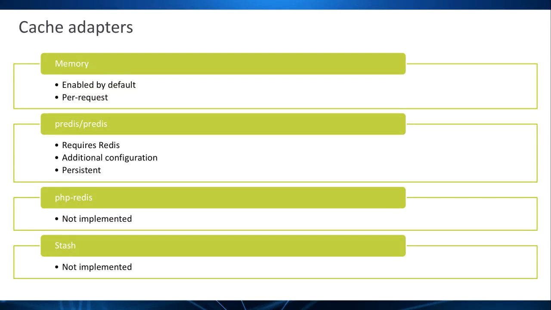So if you'd like to see anything else except memory and Redis, you should be able to extend it with your own caching mechanism. That is most of our introduction for this functionality.